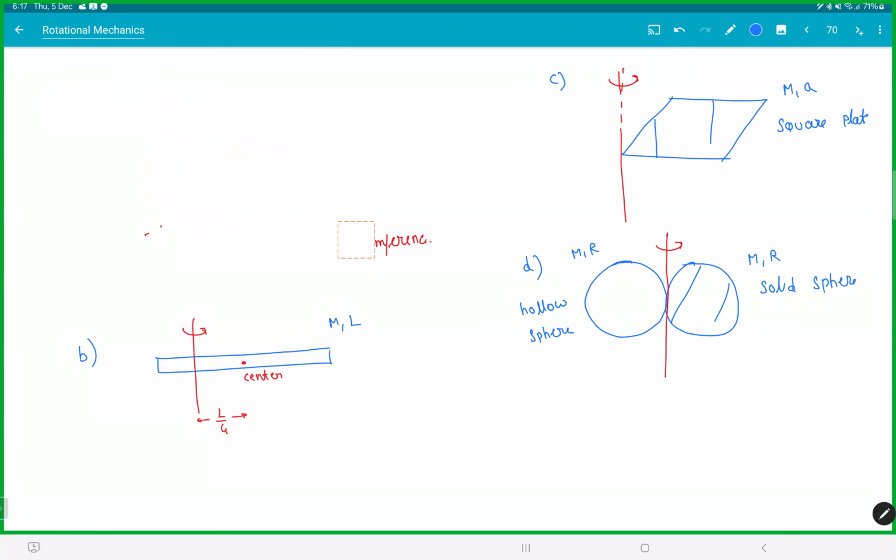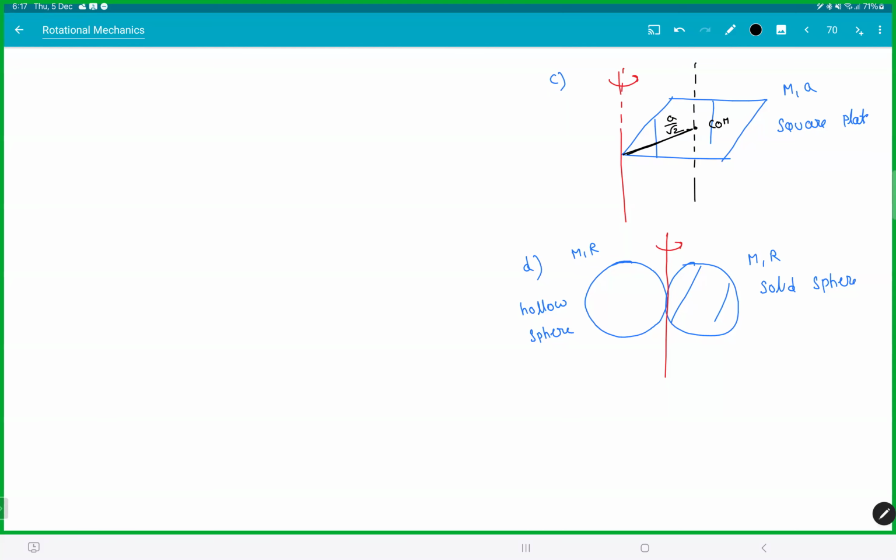What about these two? Square plate. So when you are passing through the square plate, this is your center of mass. Remember, this is the perpendicular distance, which is half diagonal, A by root 2.